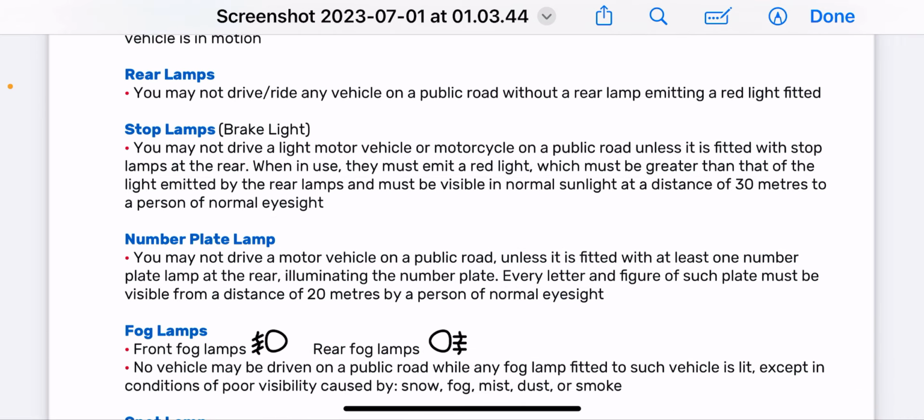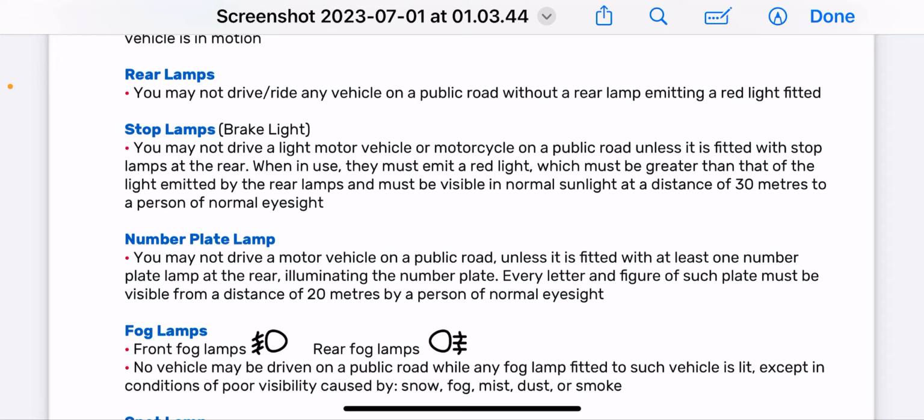Then you have the rear lamps. You may not drive or ride any vehicle on a public road without a rear lamp emitting a red light fitted. Then stop lamps or brake lights. You may not drive a light motor vehicle or motorcycle on a public road unless it is fitted with stop lamps at the rear.